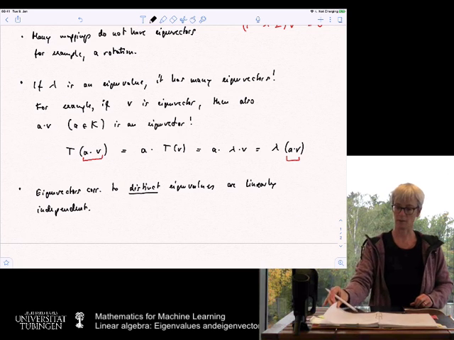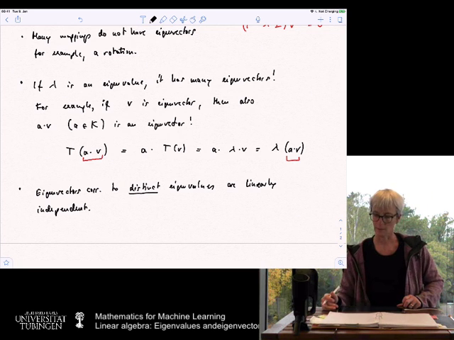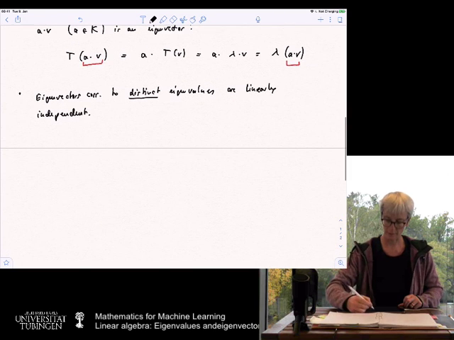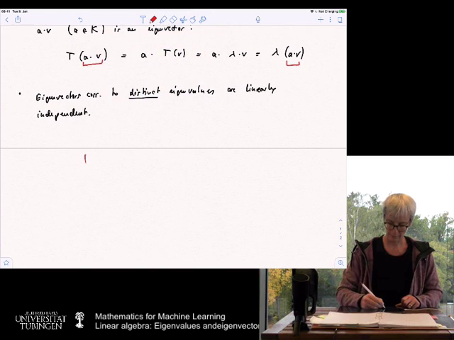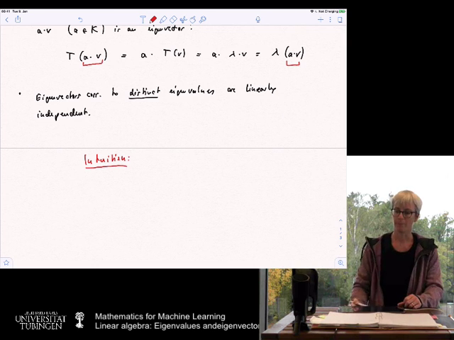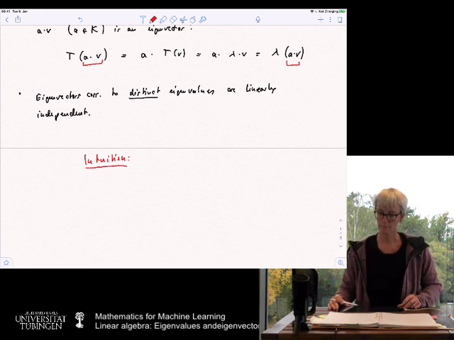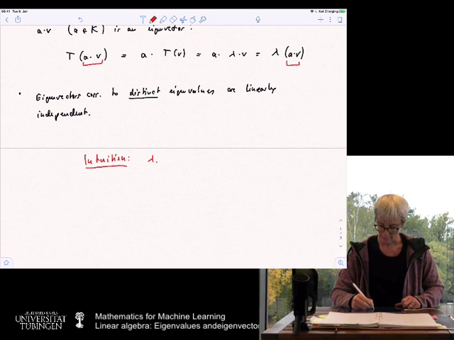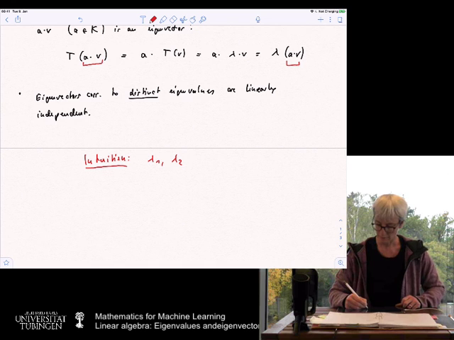And maybe I might as well write down the intuition why this is the case. Assume that lambda 1 and lambda 2 are two eigenvalues.